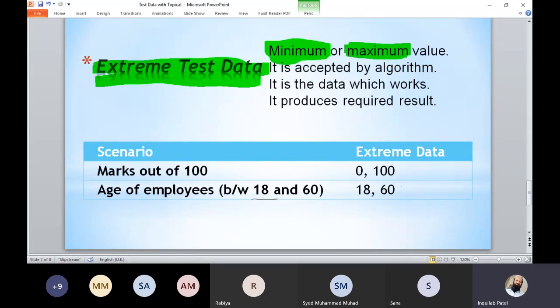For example, you are asked to input marks out of 100 and you have entered 0 and 100. 0 is the minimum value and 100 is the maximum value, so it will be considered as extreme data. For the age of employees between 18 and 60, 18 will be minimum and 60 will be maximum.